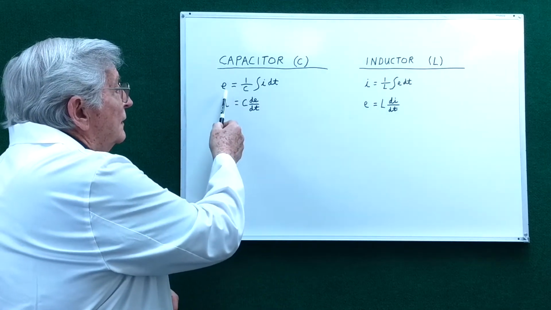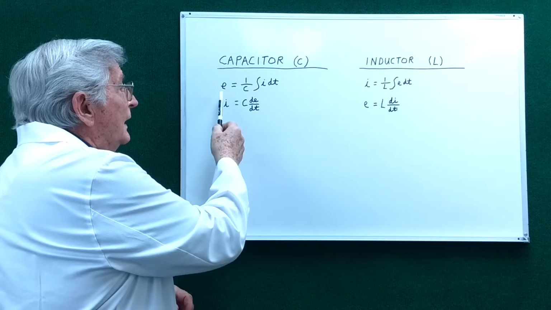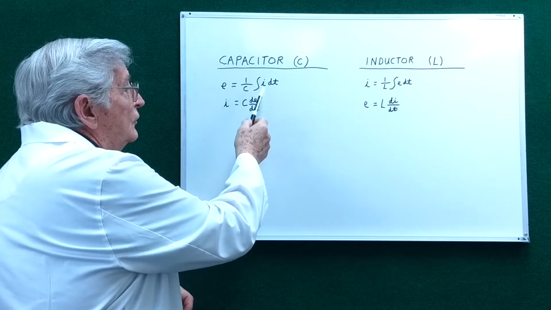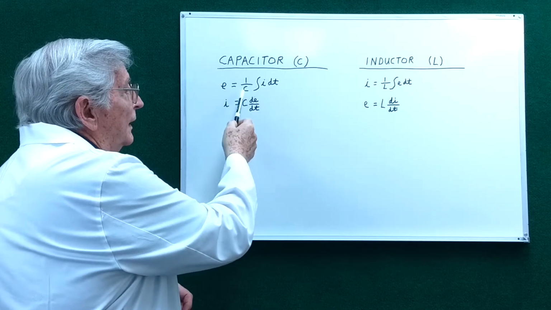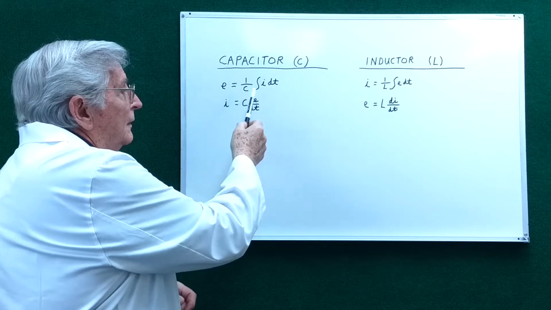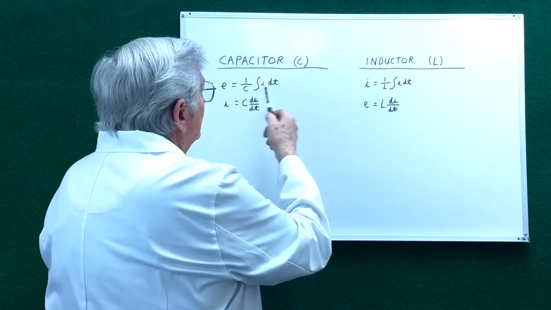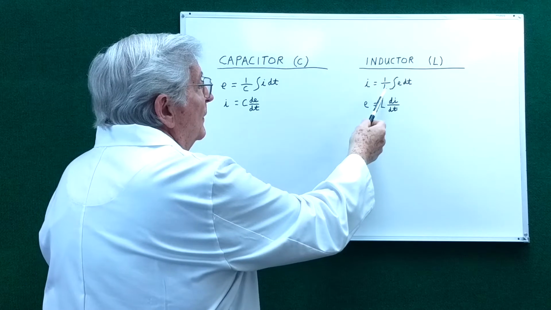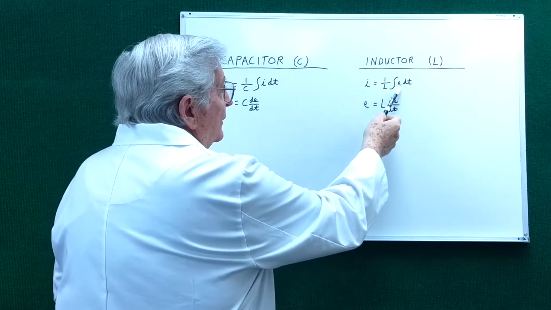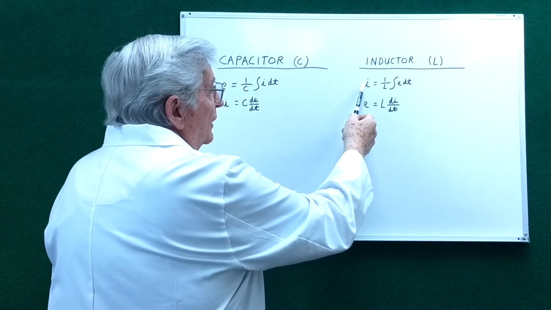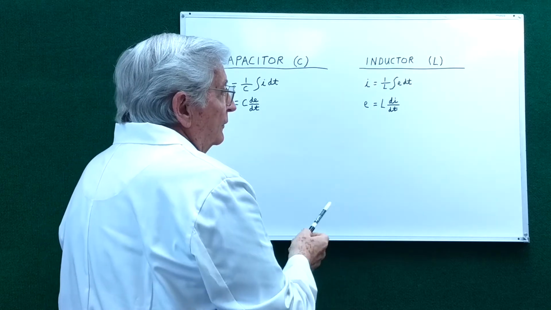Now, this is an equation that relates voltage and current in a capacitor. This equation, you can see it's the same form. It also relates voltage and current in an inductor.